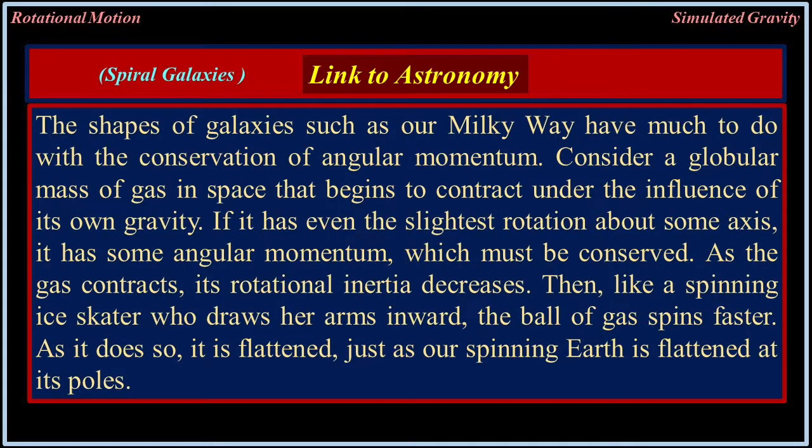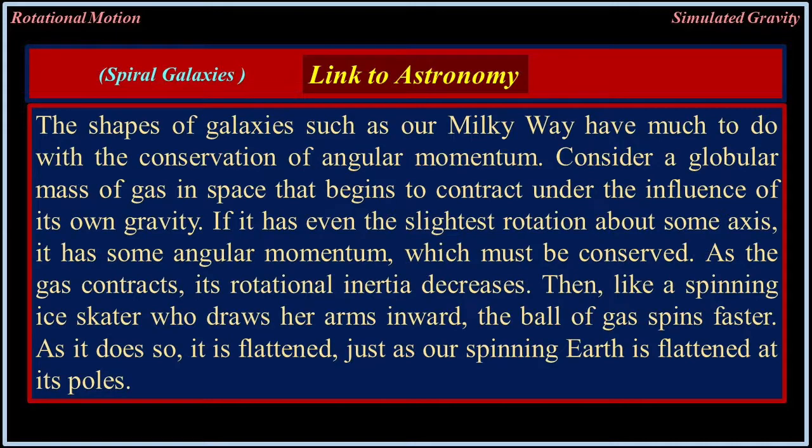Spiral galaxies linked to astronomy. The shapes of galaxies, such as our Milky Way, have much to do with the conservation of angular momentum. Consider a globular mass of gas in space that begins to contract under the influence of its own gravity. If it has even the slightest rotation about some axis, it has some angular momentum, which must be conserved. As the gas contracts, its rotational inertia decreases.